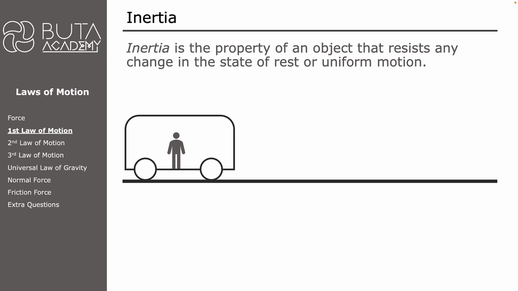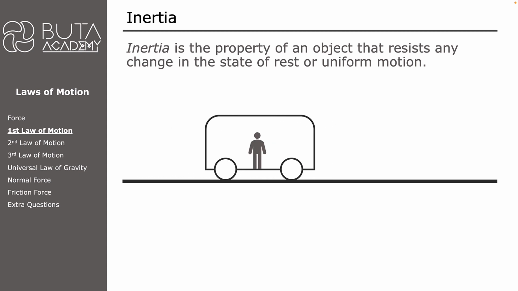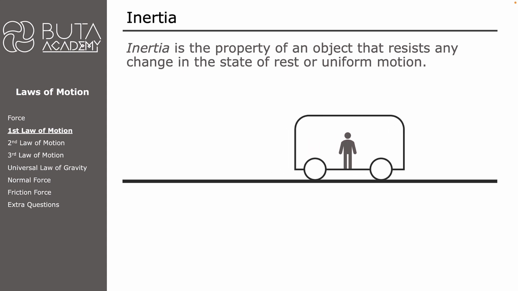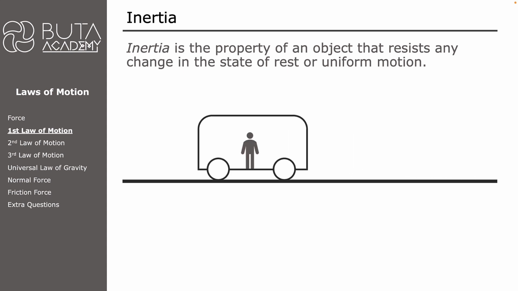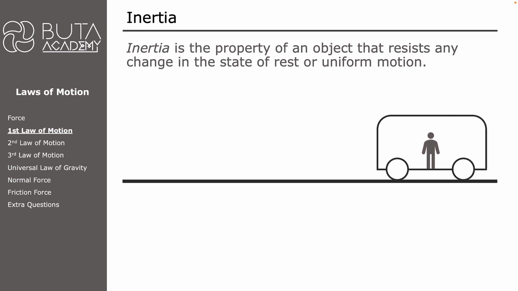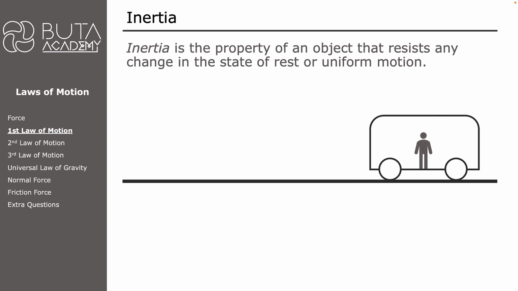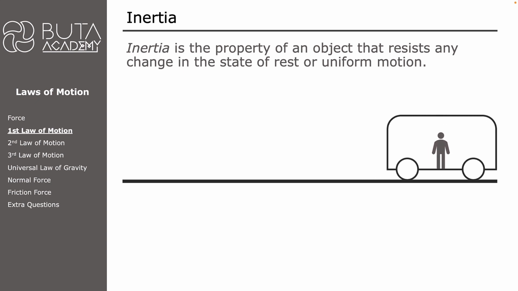Then the bus starts to move, we want to keep our state of rest. That's why we fall backward. In the second case, our body gets used to moving with the constant speed of the bus. Then the bus suddenly slows down, but we want to keep our state of motion with constant velocity forward, and as a result we lean forward.